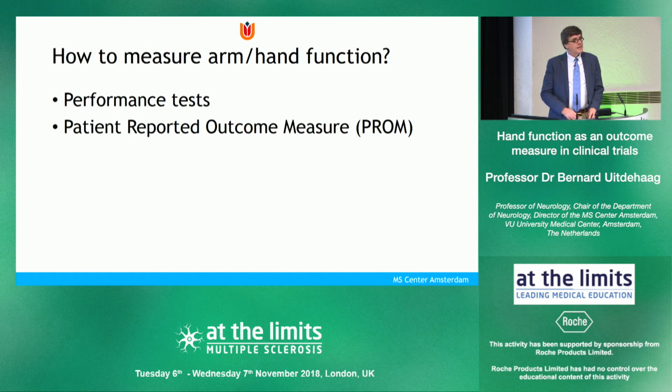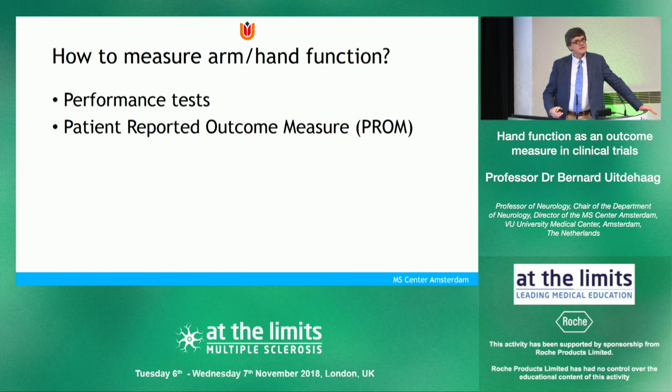How can we measure arm and hand function? There are performance tests, there are patient-reported outcome measures, but of course you can also observe while doing daily activities, and that's something that we have been trying to do in a standardized way with video capturing daily activities of upper limb function.